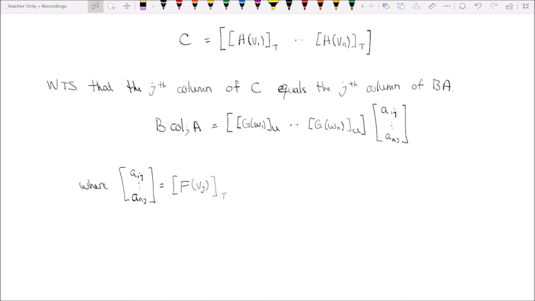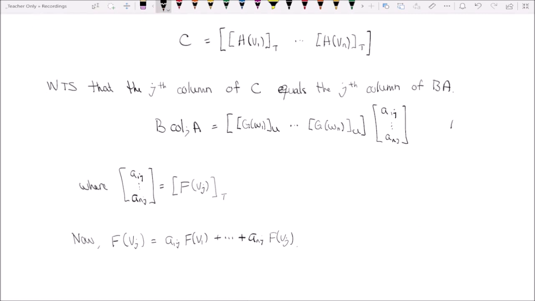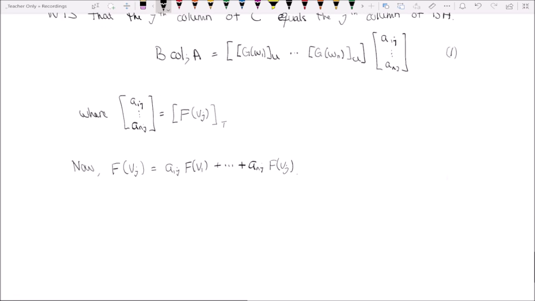Now, f(vj) is equal to a1j w1 plus so on and so forth plus anj wn, right? And that comes directly from the fact that we have the coordinate vector. So let's call this equation 1, right?